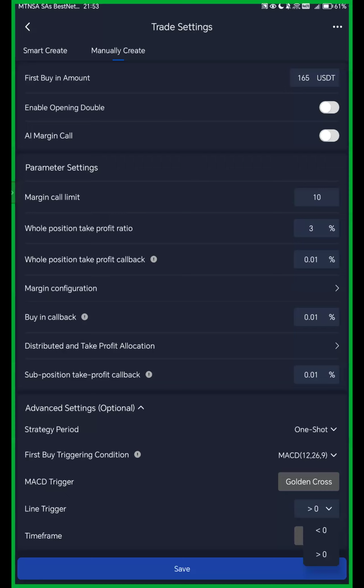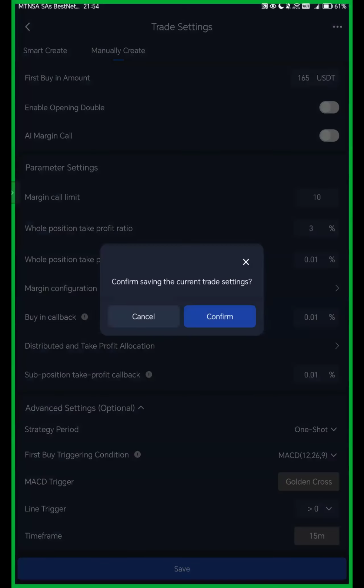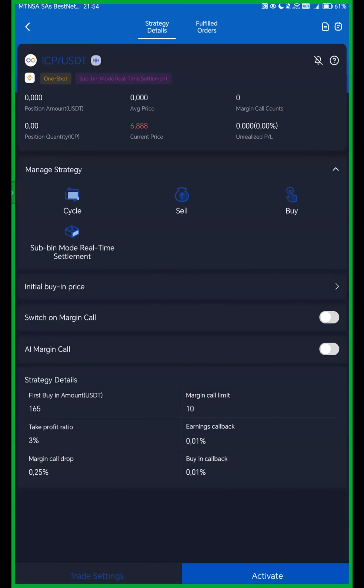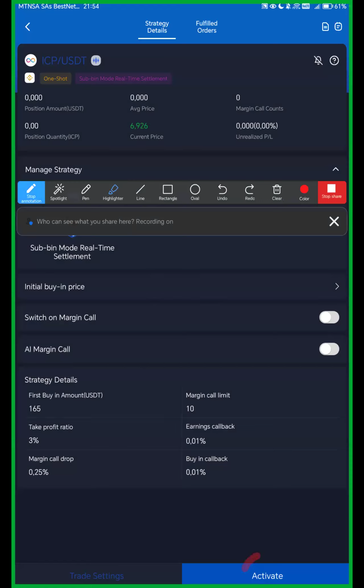All right. So after you have activated all this, assuming that all your settings are correct, now your MACD has been put in place. Then you can tap save. You tap save, and then you activate the trade. When you activate the trade, the robot is not going to buy immediately.